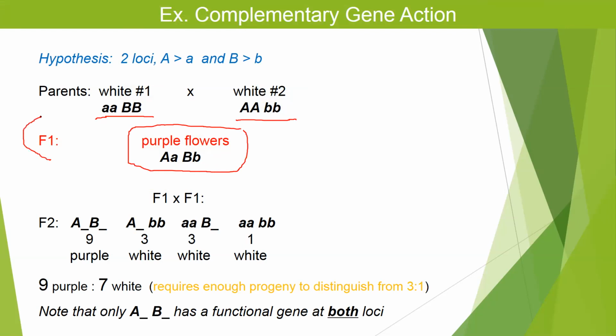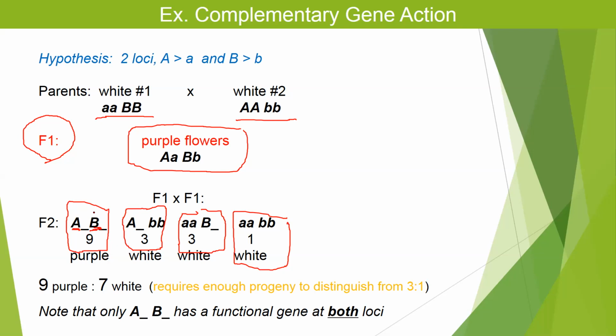And if we do the intercross between this F1 progeny, if we just look at the genotype, this will give us 9 portion of this, 3 portion of this, 3 portion of this, and 1 portion of this, right? However, if we want to see the wild type phenotype, we need to see both genes functioning. So this is the only case where both genes will be functioning, and this will show the wild type phenotype, right?